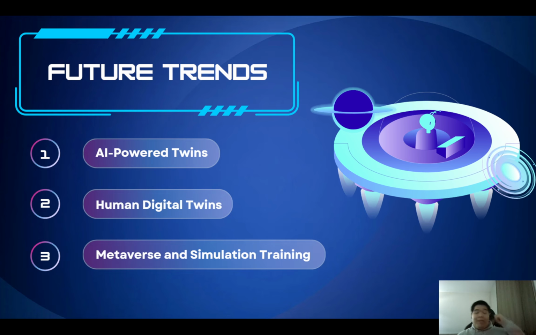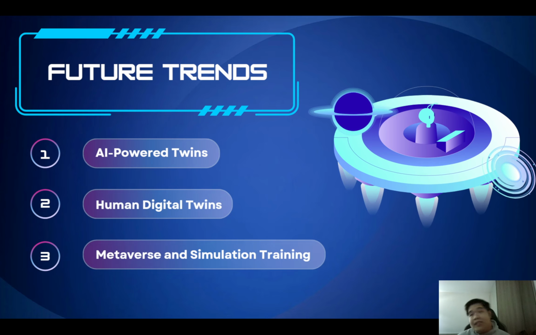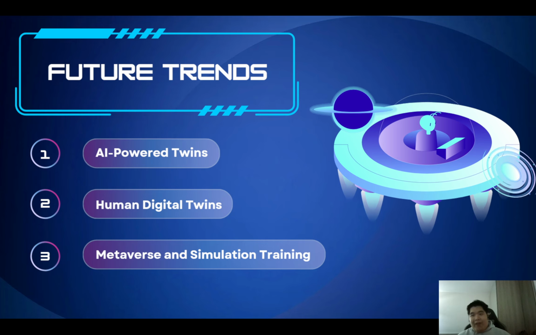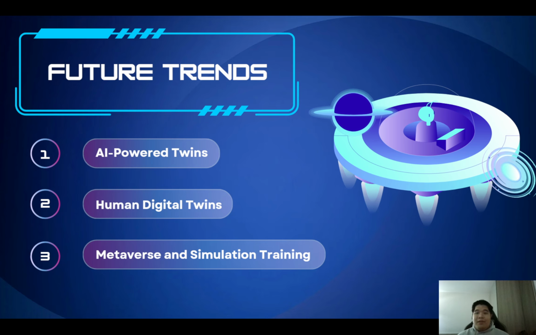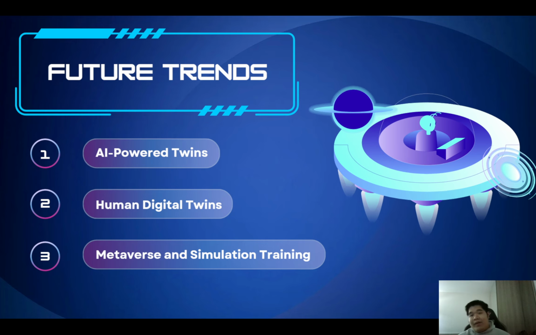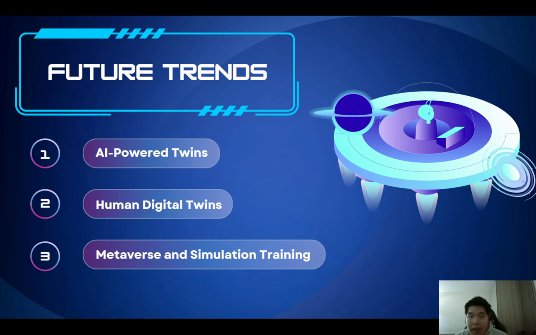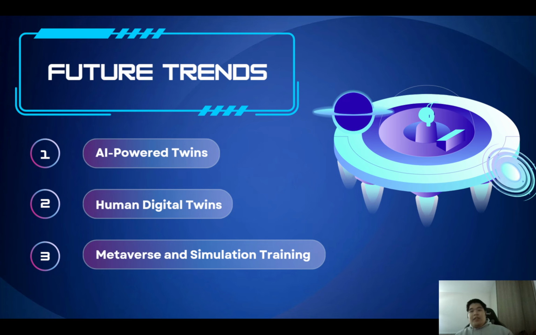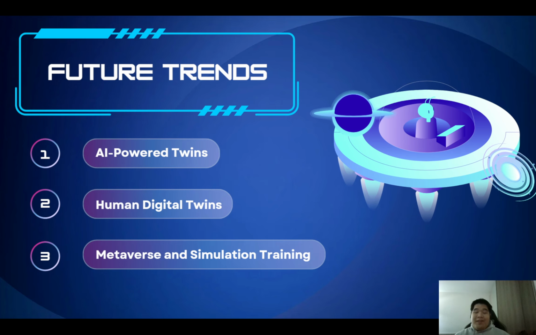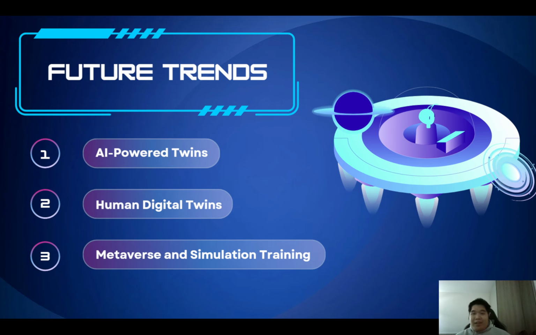Okay, next, the last topic is about the future trends of digital twins. First, the AI powered twins. There's a lot of experimenting going on with AI powered twins. Digital twins will increasingly use AI, of course, because AI is already improving, right?